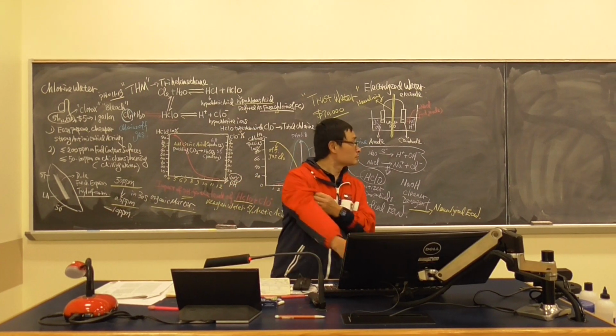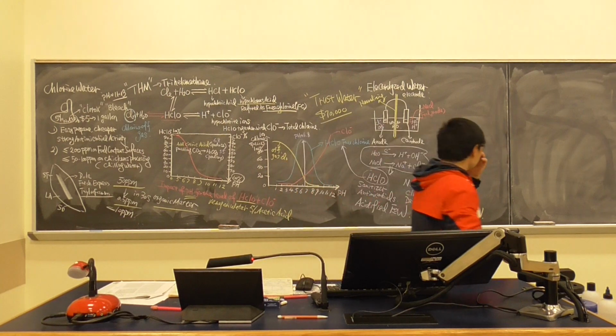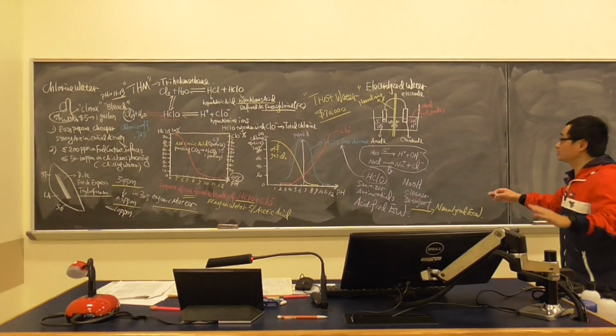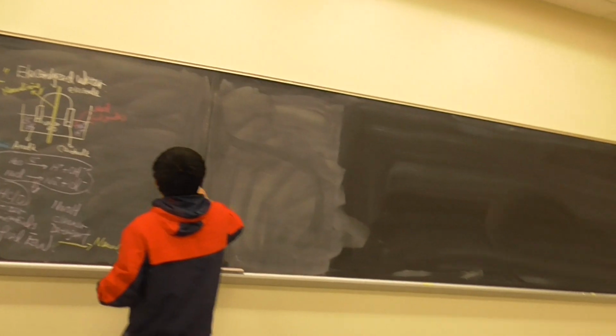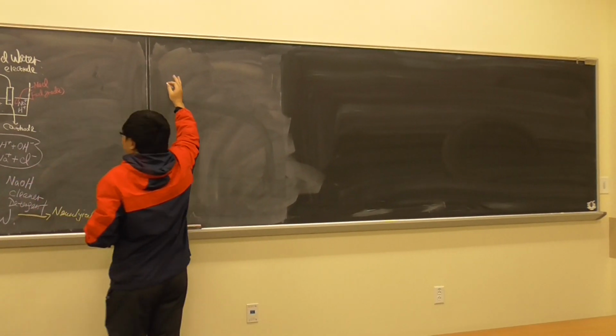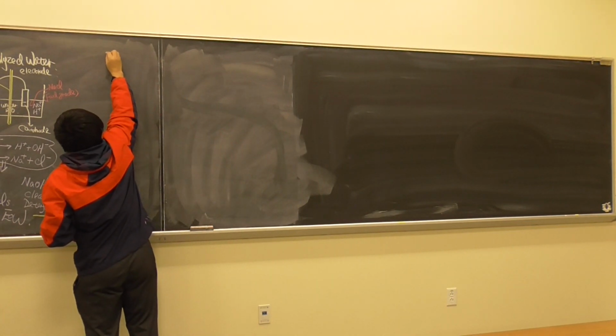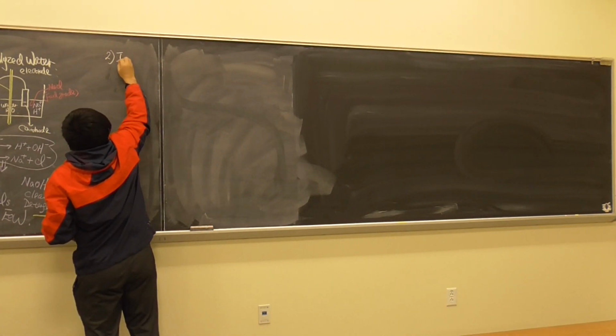So next one we want to talk about is ice. Do you mind just moving it? So here we finish the water basically. We want to move to the ice. We want to go here, section number 2 will be ice.